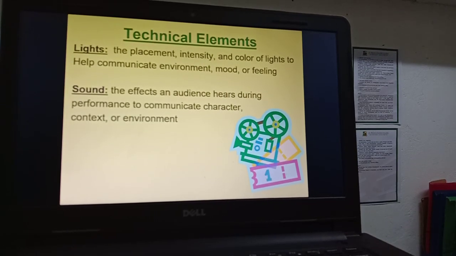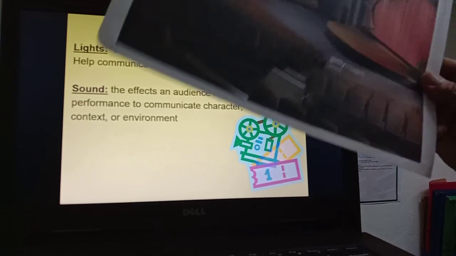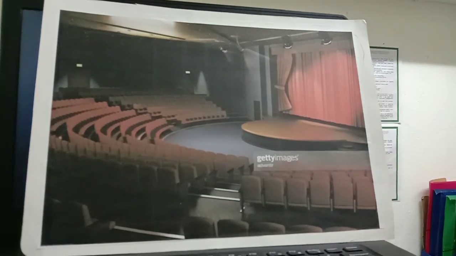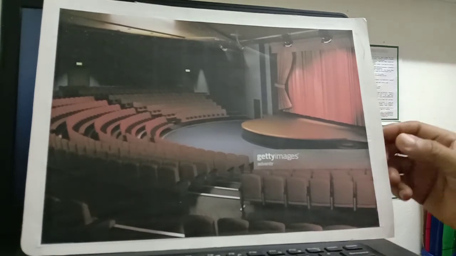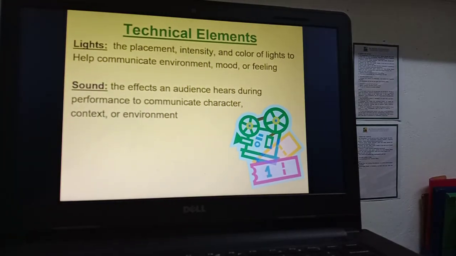But usually in a stage play where the stage is not that complicated, or if we have a stage like this, a proscenium stage wherein the actors are on the center stage and the audience faces them, or the arena type, yung halimbawa ay yung cockpit sa sabungan.